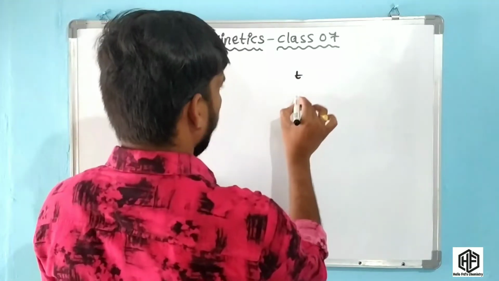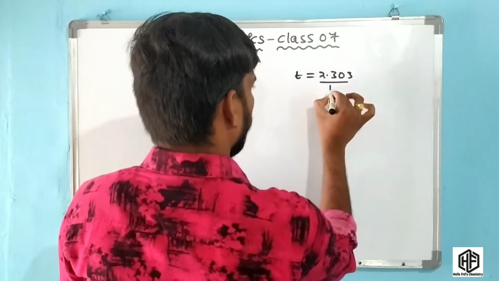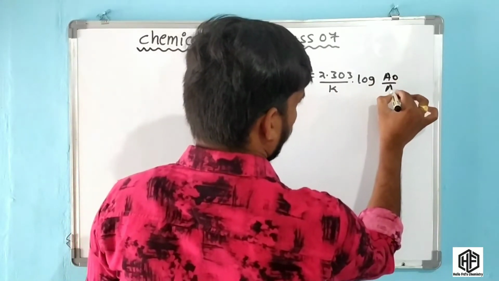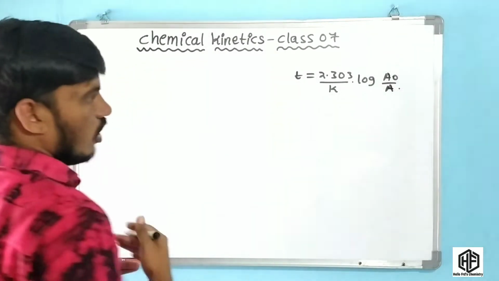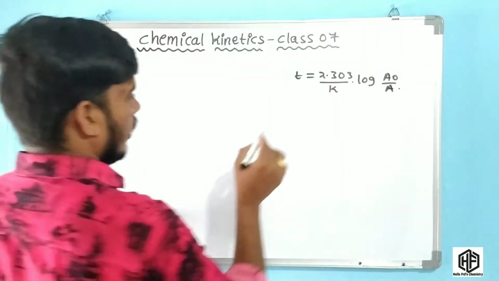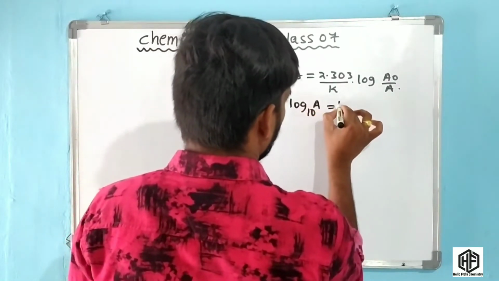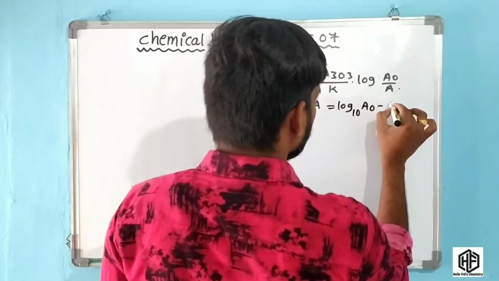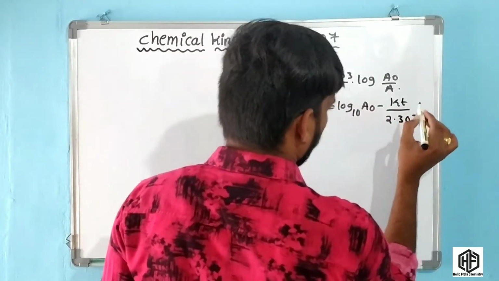The first formula is t = 2.303/k × log a₀/a. This is one more important formula present in the first order integrated rate law. The second formula is log₁₀ a = log₁₀ a₀ − kt/2.303.